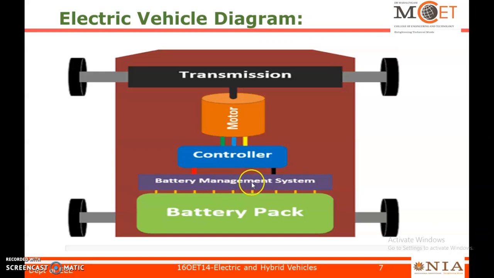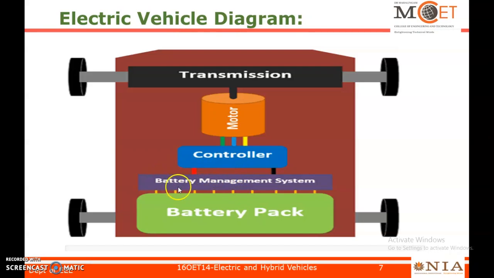Suppose the battery is operating within the safety operating limits of temperature, current and voltage, then this battery management system will connect the battery to the mechanical load. Otherwise, if the battery is operating beyond the safety operating limits of temperature, voltage and current, then this battery management system will disconnect the battery from the mechanical load.